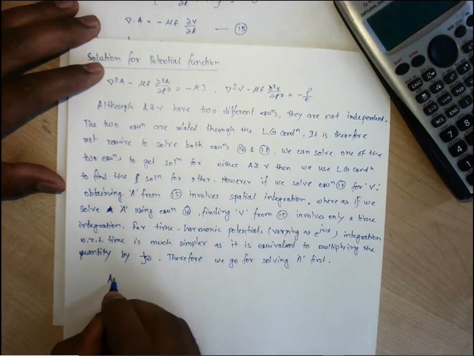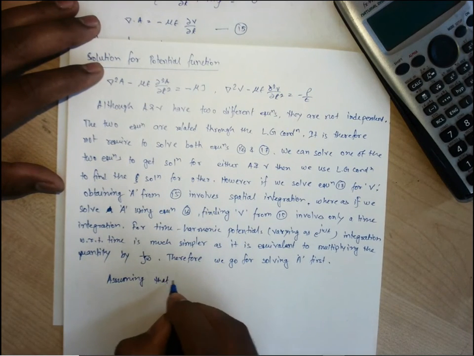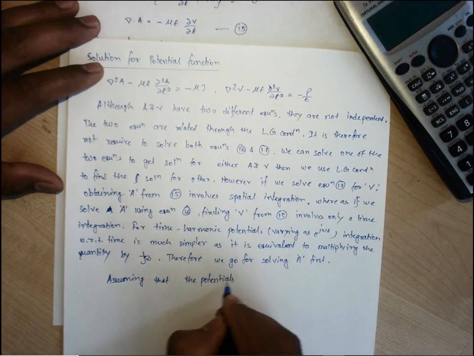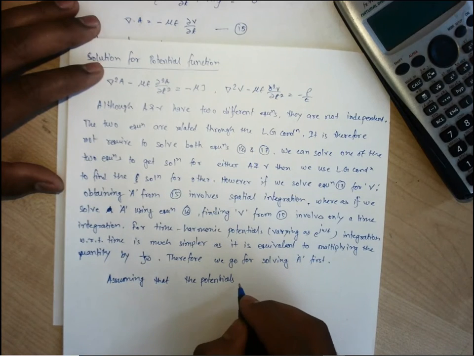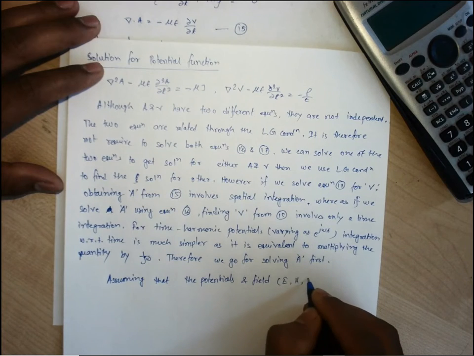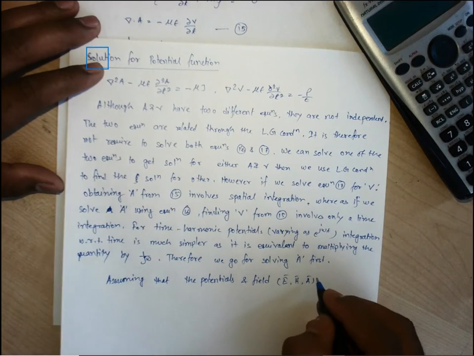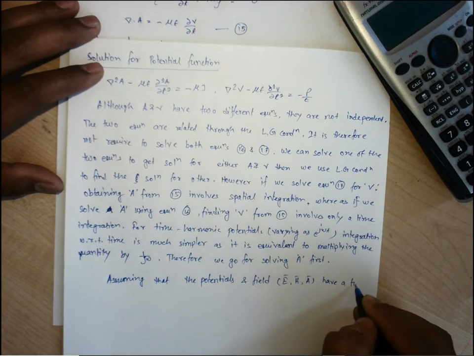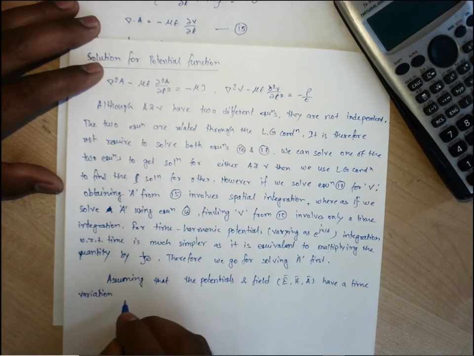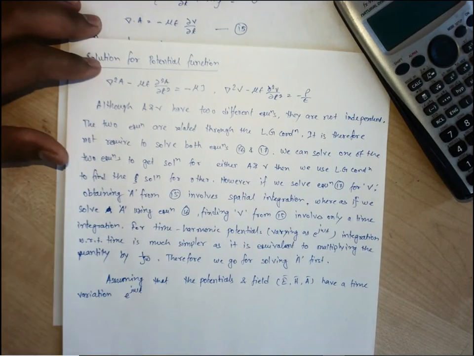Now, assuming that the potentials and fields, that is E, H, A, all of them vectors, have a time variation e to the power j omega t, right?